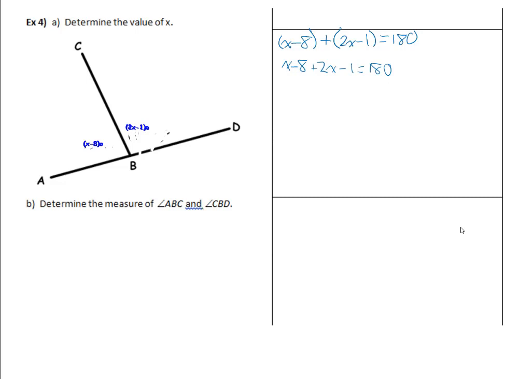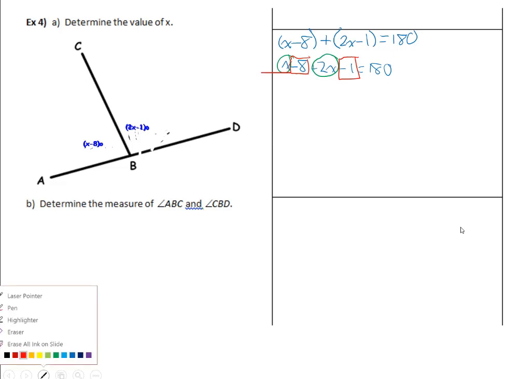I'm going to use circles for my x values here, and then I'll use, let's say, red boxes for the constants. Okay. X plus 2x is just 3x. Negative 8 minus 1 is just minus 9. Equals 180 is still over here.